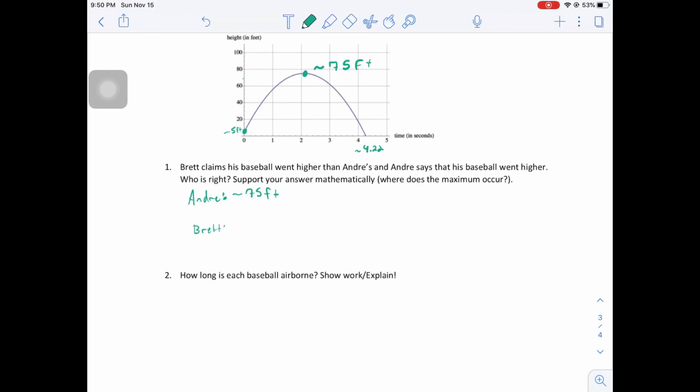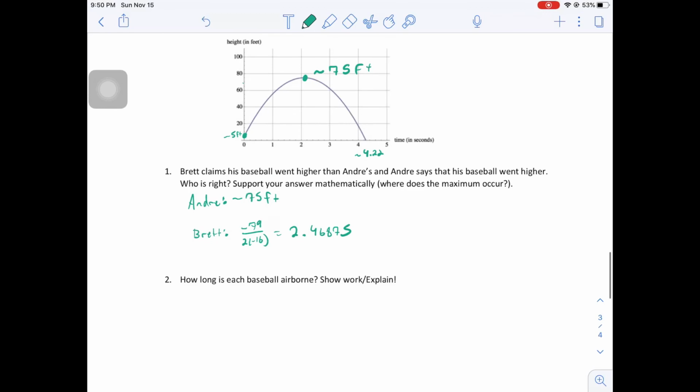I did not do that right. Let me write this in. Brett: negative 79 divided by 2 times negative 16. Negative 79 divided by negative 32 gives us 2.46875, and now I'm going to store that as x in my calculator and plug it in.